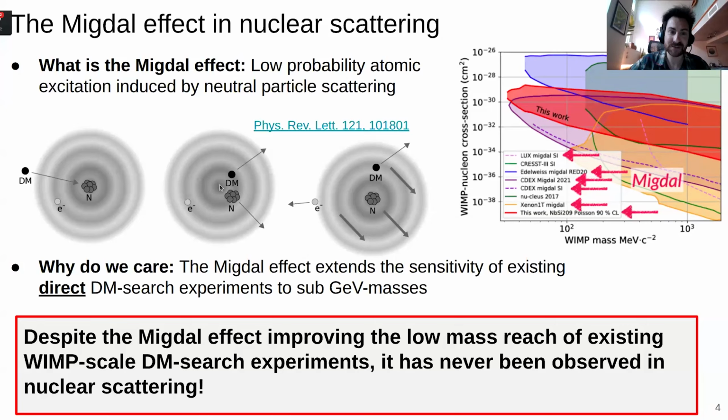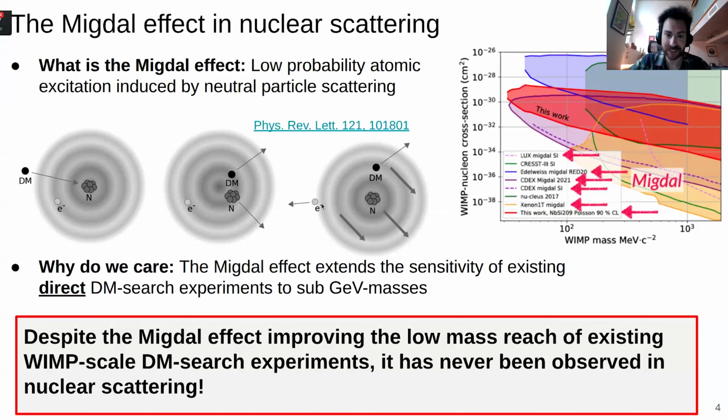In the time it takes for the electron cloud to catch up to the recoiling nucleus, there's a small transition probability that an electron can be emitted. This electron emission induced by the recoiling nucleus is something you can detect. That's what the Migdal effect is.